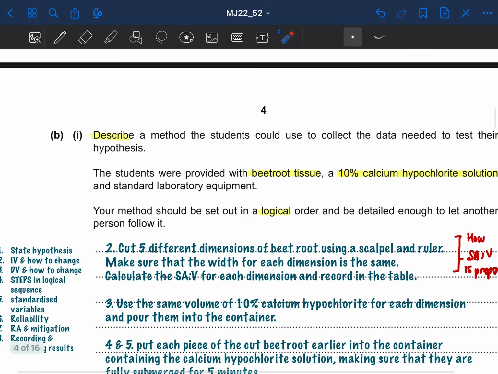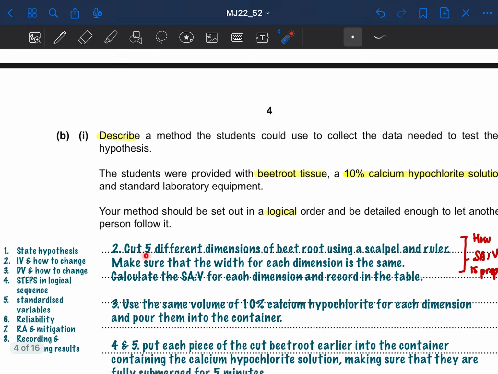So here, why did I mention a very specific number, 5? I always say this to the students: make sure you remember 5 as the magic number. Whenever you are asked to provide a range of the independent variable that you want to be measuring, for example, if you're going to measure the effects of temperature, you can use 5 different temperatures, and you mention what the temperatures are.